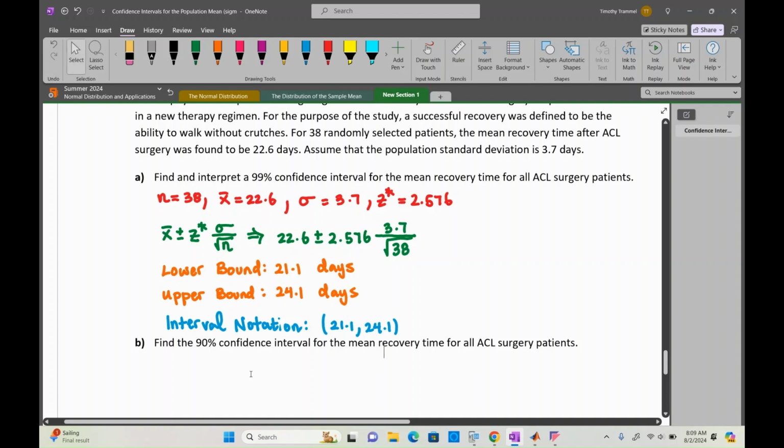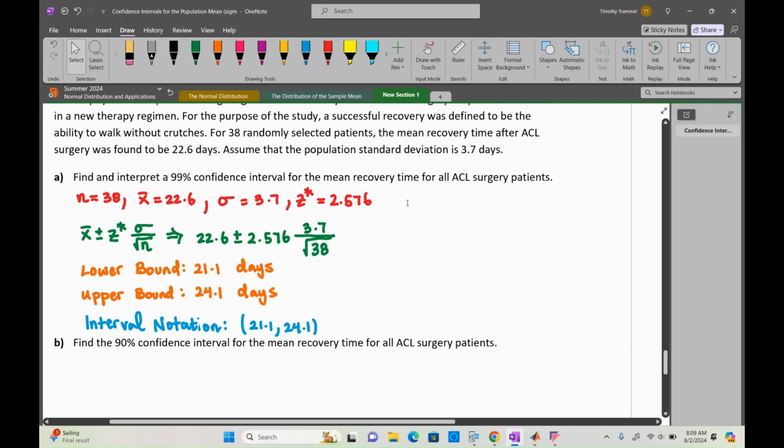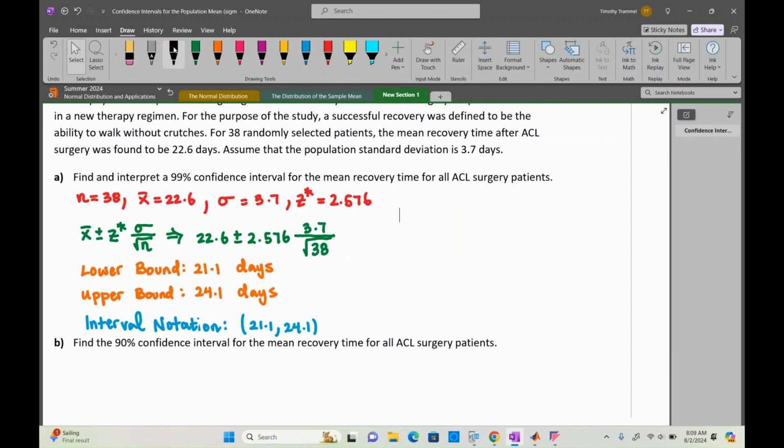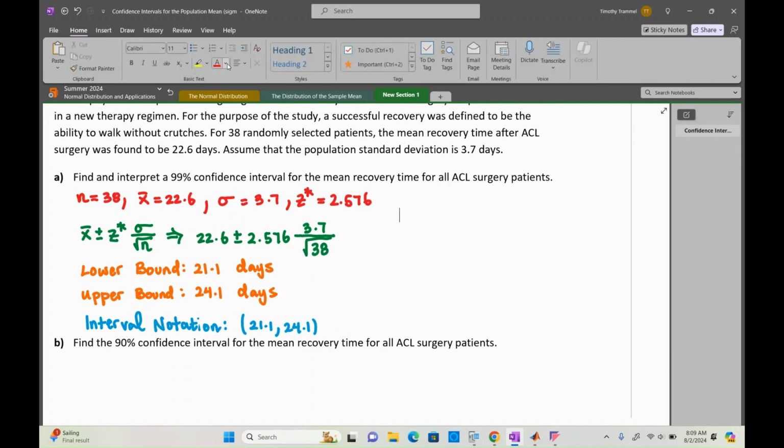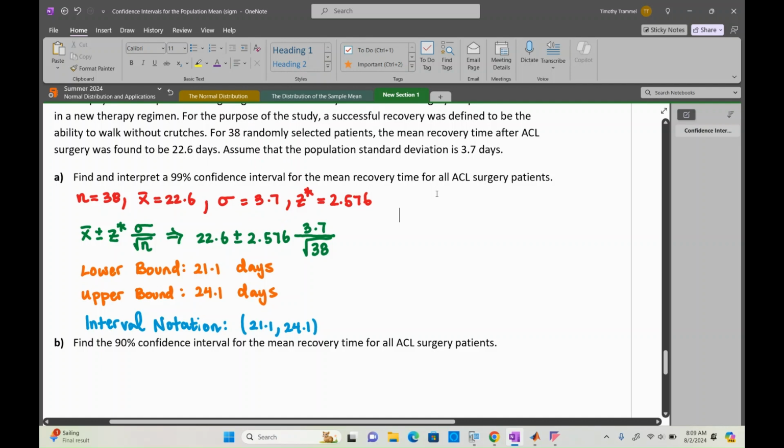Okay. And so this was a 99% confidence interval. So if I were to interpret this, which let me get a different color here. Let's see. There we go. Okay.